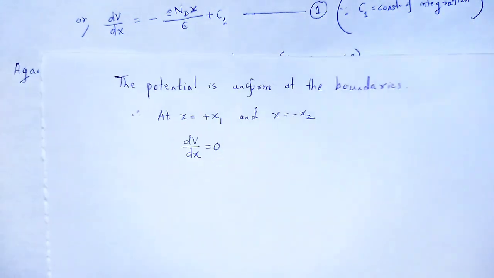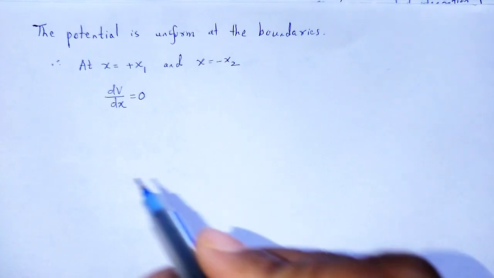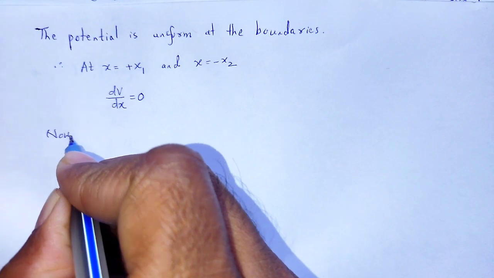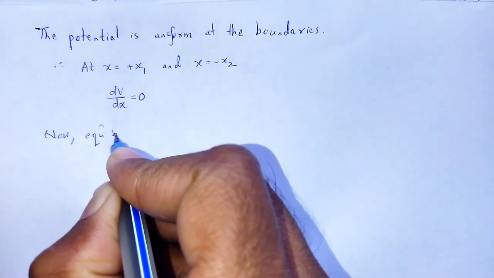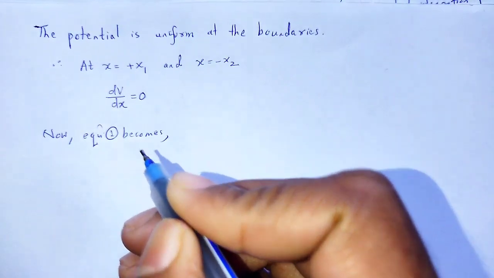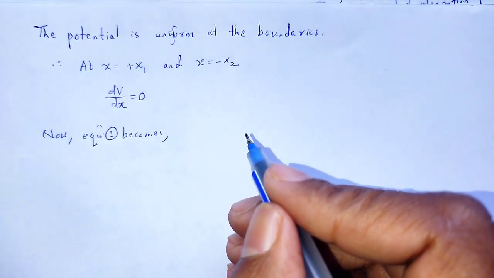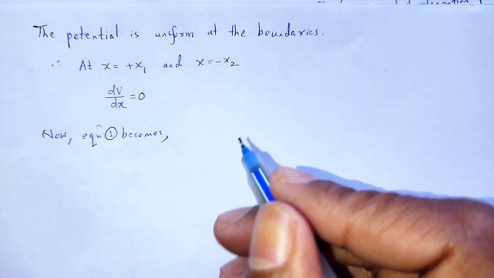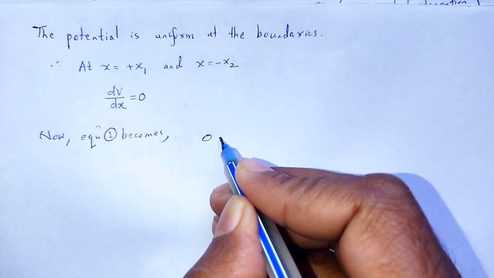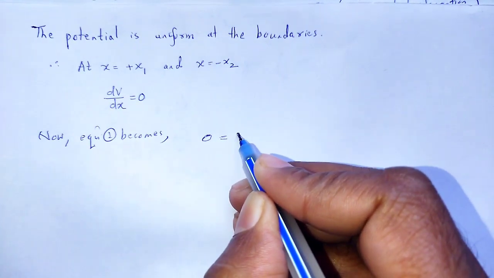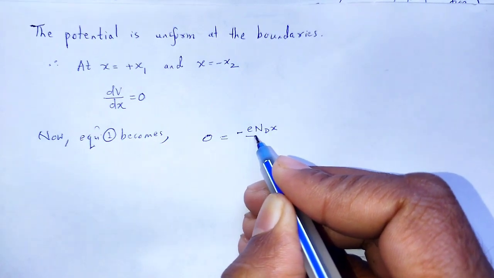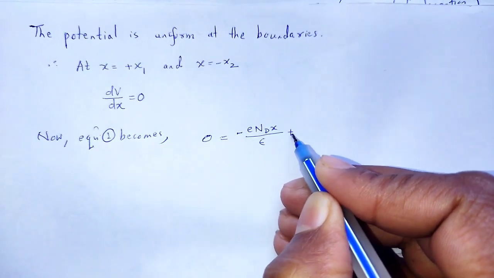Now equation number 1 becomes dV by dx equal to 0. So 0 is equal to minus e Nd x divided by epsilon plus C1.